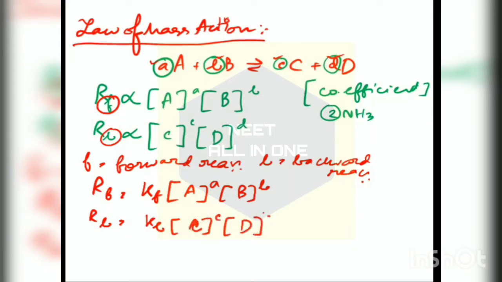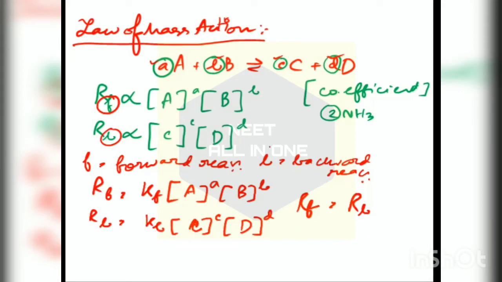And here it is. So what happens that at equilibrium, to achieve equilibrium, this rate of forward reaction must have to be the rate of backward reaction. Okay.